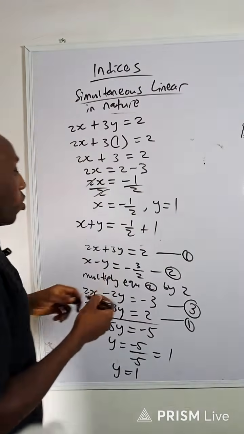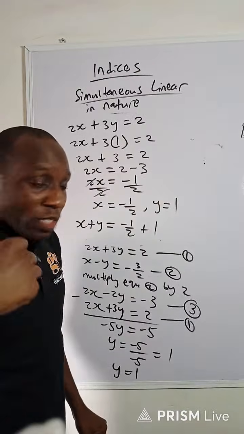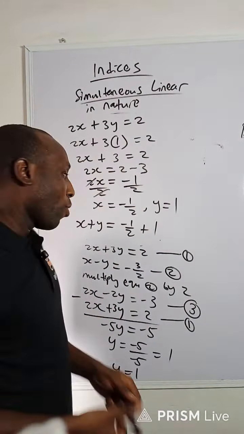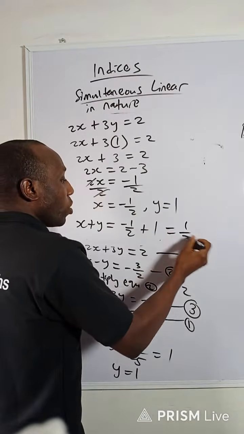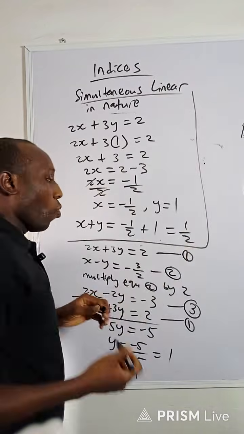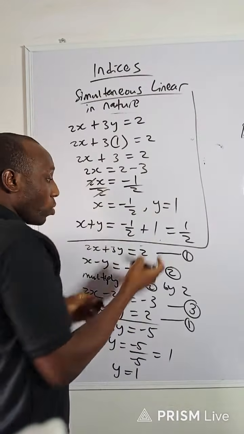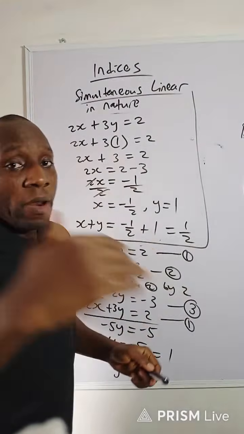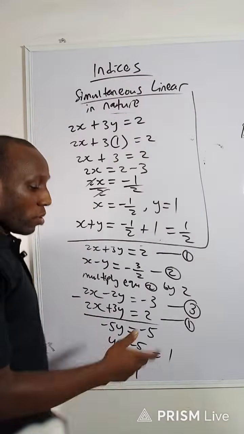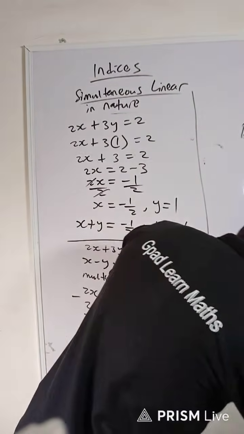What is negative 1 over 2 plus 1? It's like me asking you, what is 1 minus half? Of course, you know what that is. 1 over 2. So we have gotten the final answer. Negative 1 over 2 plus 1 is like saying, what is 1 minus half? 1 over 2. So there you go. The answer is 1 over 2.